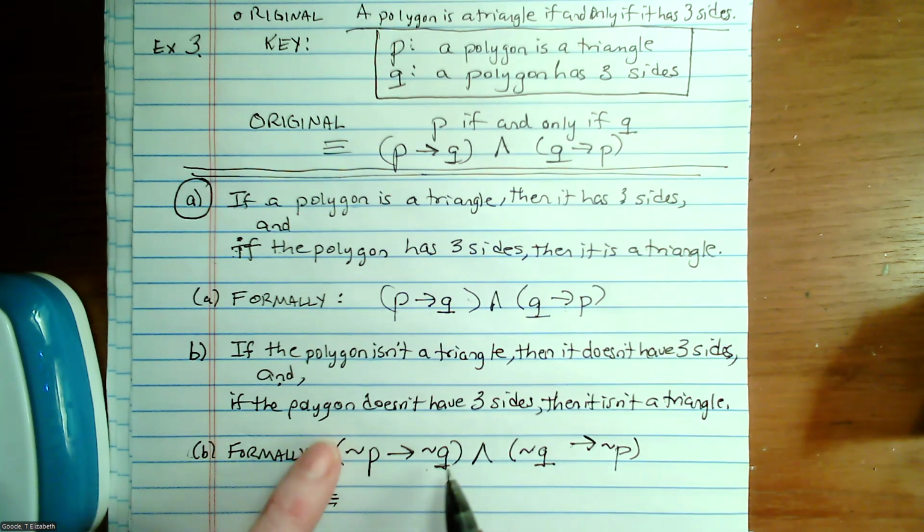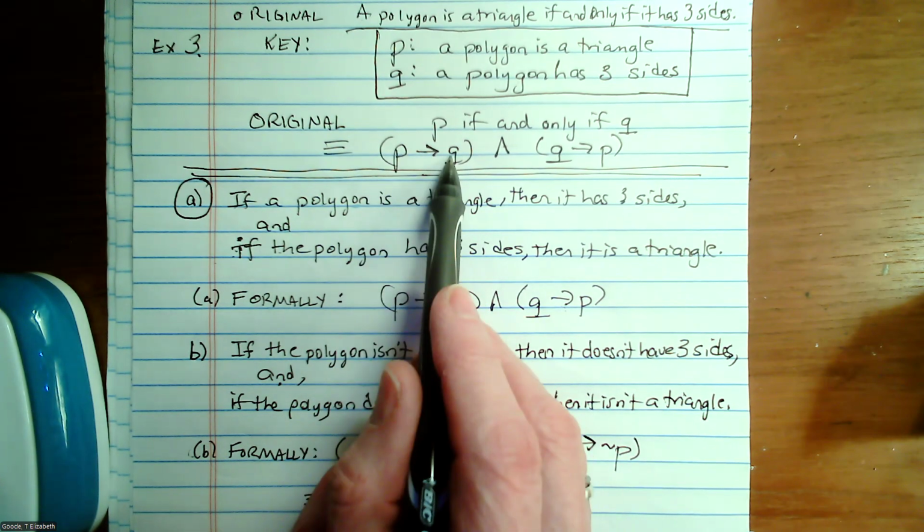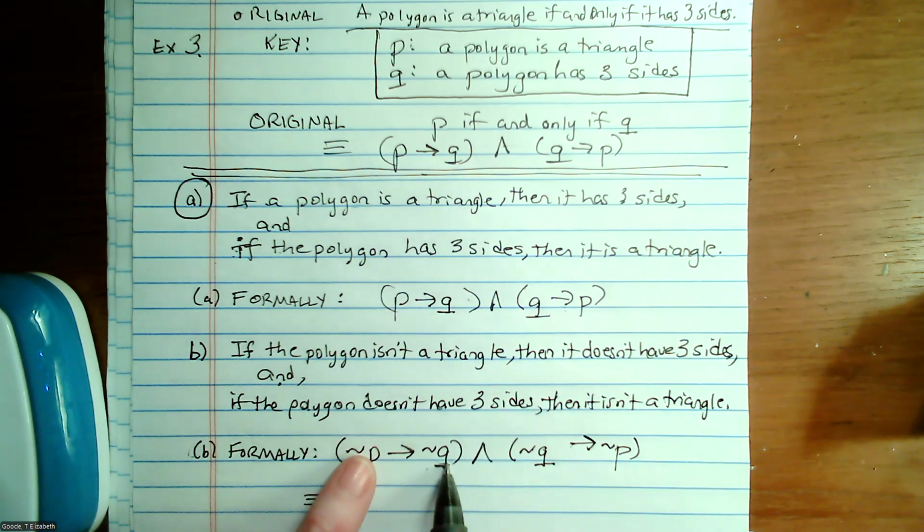This is an implication, and yes, it is the inverse of if P then Q. But it has its own contrapositive. It has its own three sisters, and it's logically equivalent to one of its three sisters. One of its three sisters is its contrapositive.